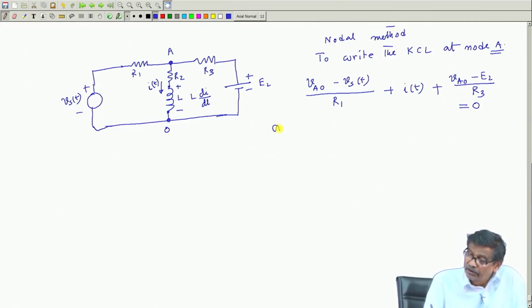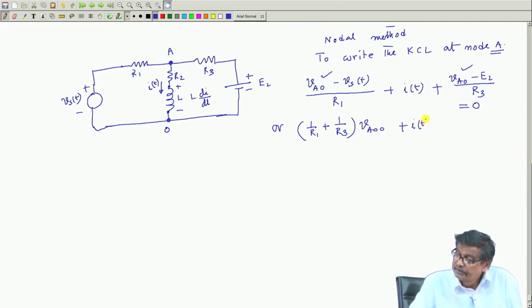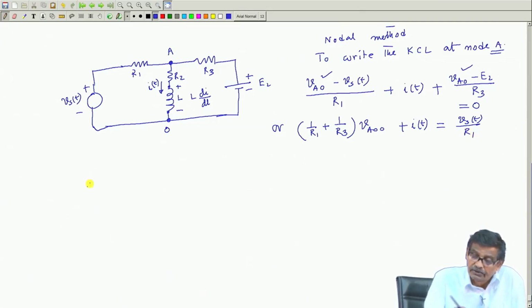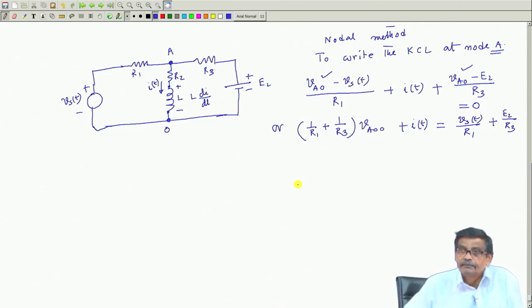Therefore, the coefficient of VAO will be 1 by R1 plus 1 by R3, that is this term and this term, into VAO. Then plus IT is there, and on the right hand side we write the sources: VST by R1 pushing current there, and E2 by R3, isn't it? This will be the thing.